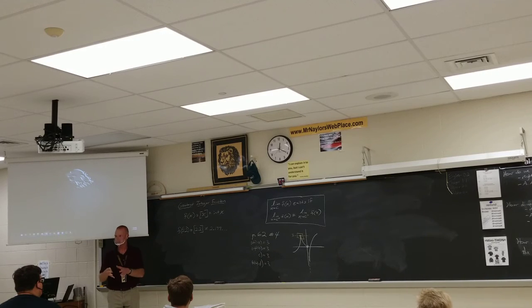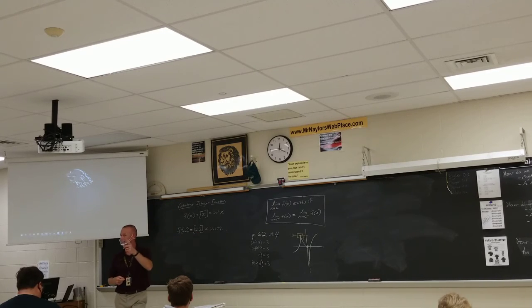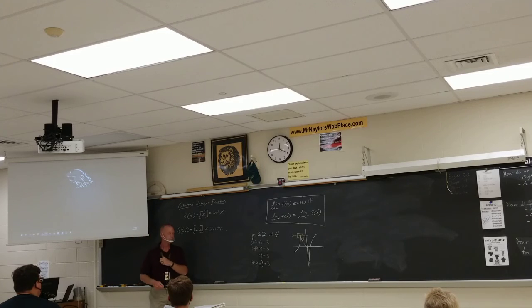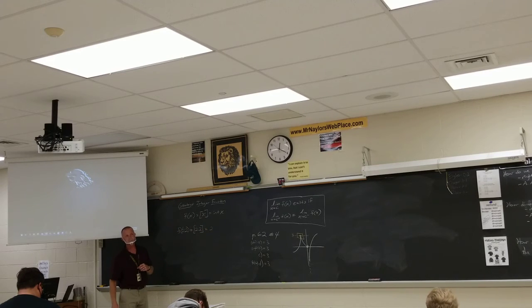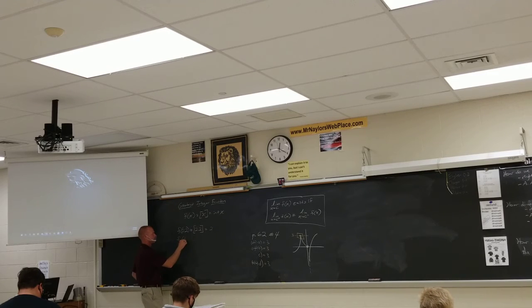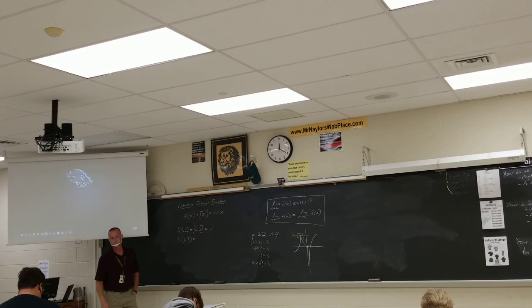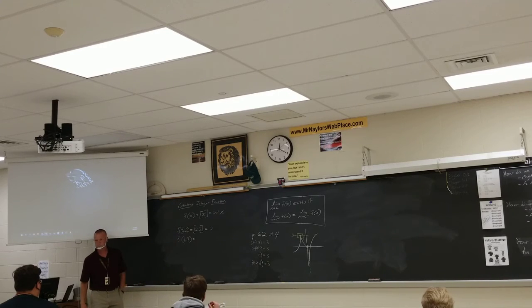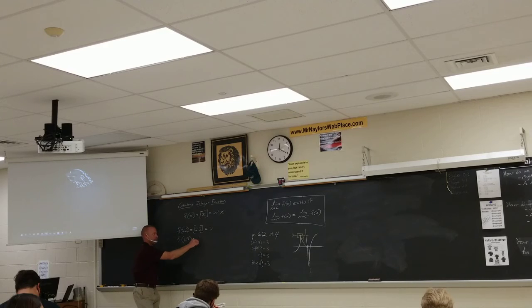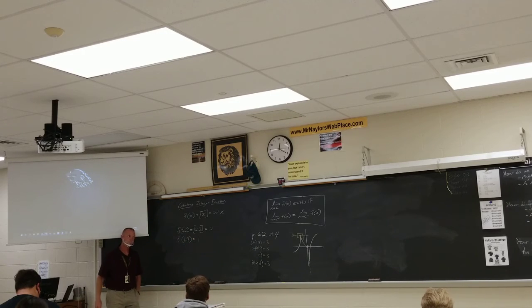The output has to be an integer that's not greater than 2.2. Try again. 2. Okay, so 2 is the greatest integer that's not greater than 2.2. What do you think? Catching on? For 1.9, it would be 1. 1 is the greatest integer that's not greater than 1.9.